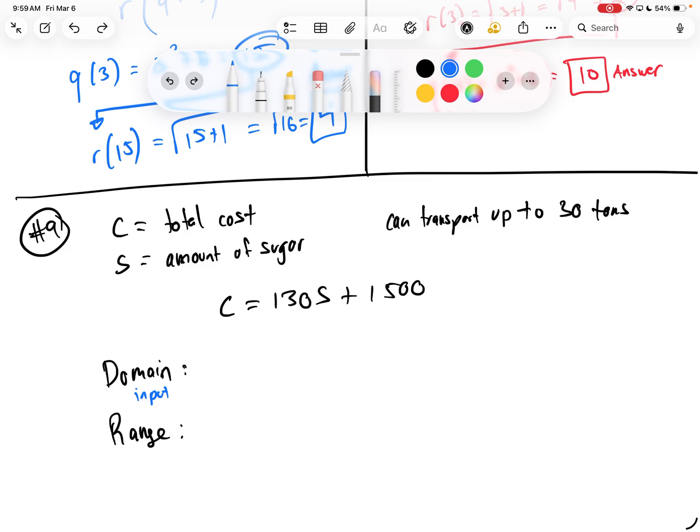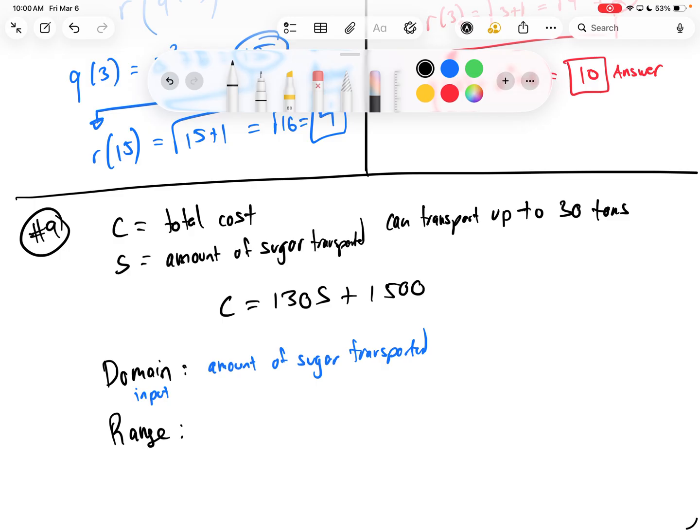So this should be the amount of sugar transported. And it gives me a drop-down menu of the set of values. So y'all have enough information.